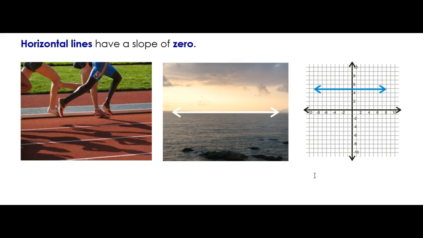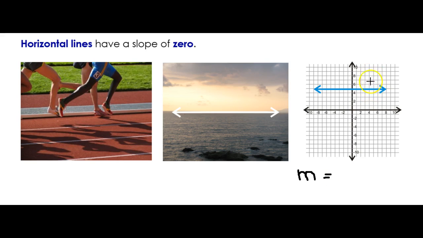So without doing any calculations, it's easy to see that a horizontal line will have a zero slope, right? So I can show you that mathematically if we just look at the equation for slope, which is rise divided by run, right? So if my slope is rise over run, then has this line risen at all?